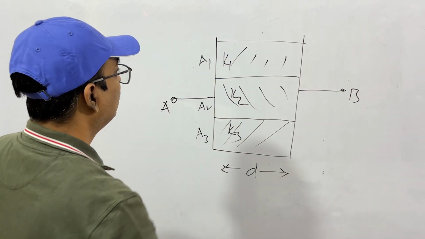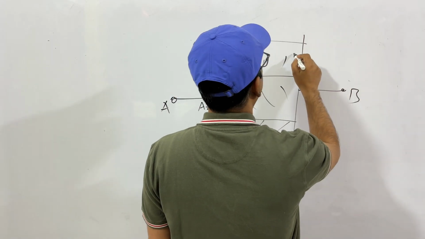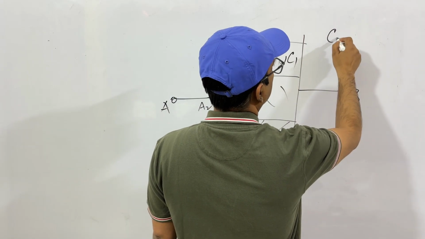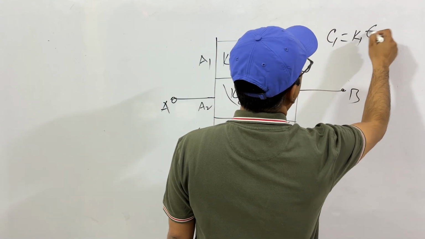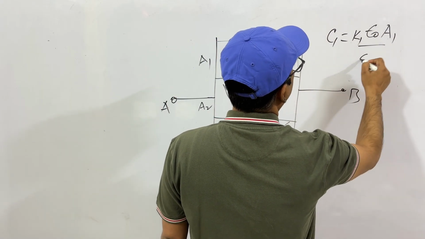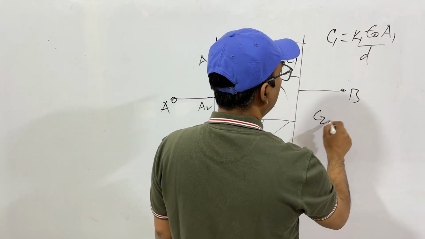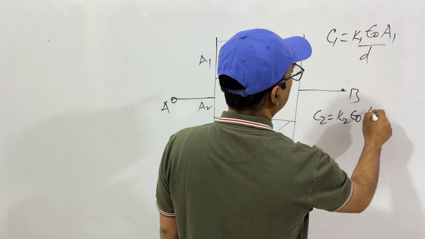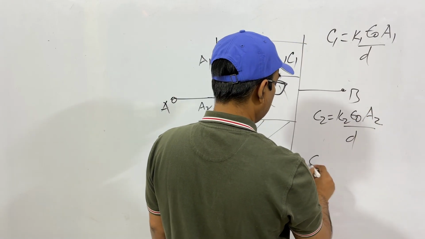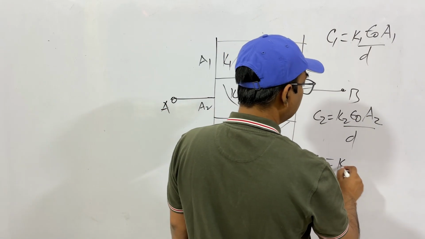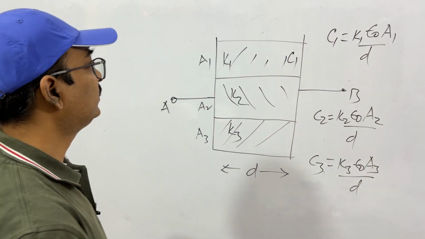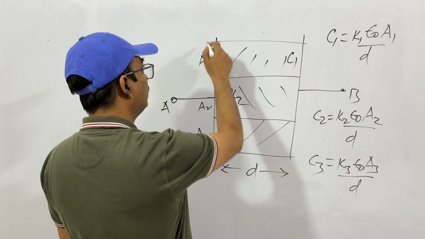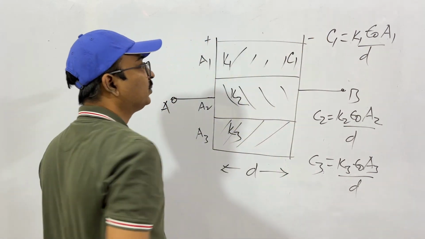Now here, if you think this is C1, C1 will be K1 into epsilon 0, A1 by D, where D is common. C2 will be K2 epsilon 0 A2 by D, and C3 will be K3 epsilon 0 A3 by D. So you find C1, C2, C3, and all of these have common potential.